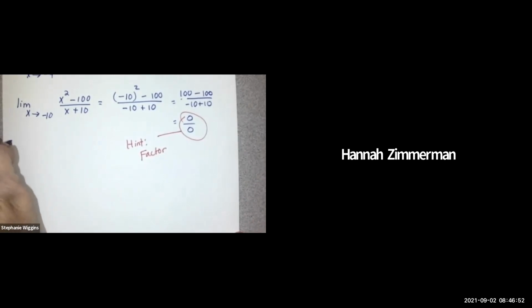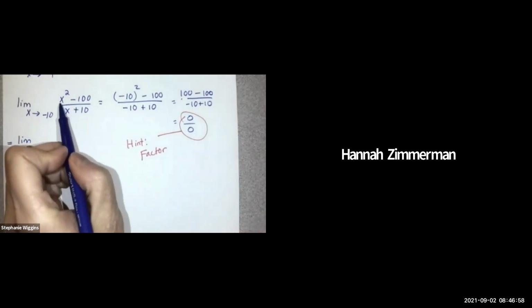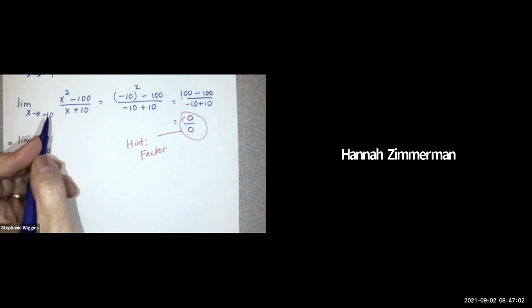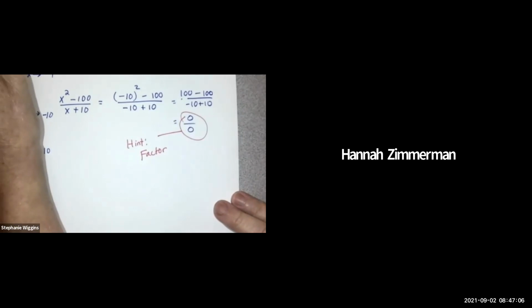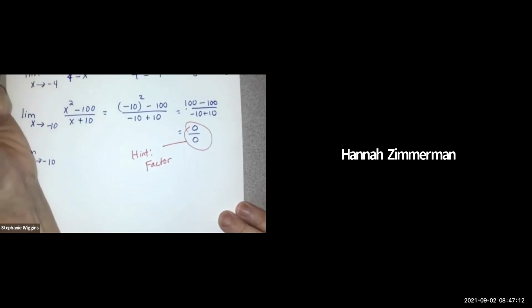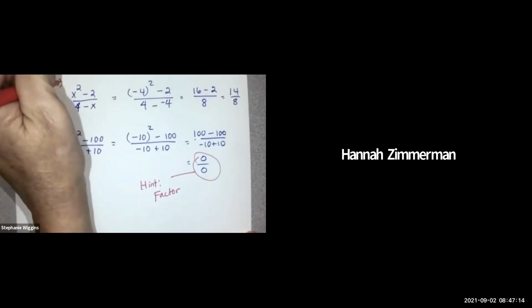This becomes the limit as x approaches -10. When I factor this, this is called the difference of squares. And the difference of squares, if you will remember from algebra, I don't know if you remember this, a squared minus b squared equals a plus b times a minus b.